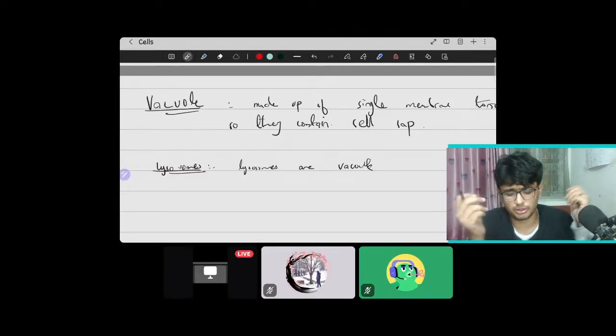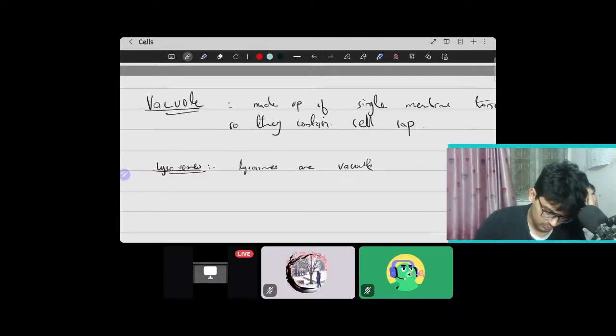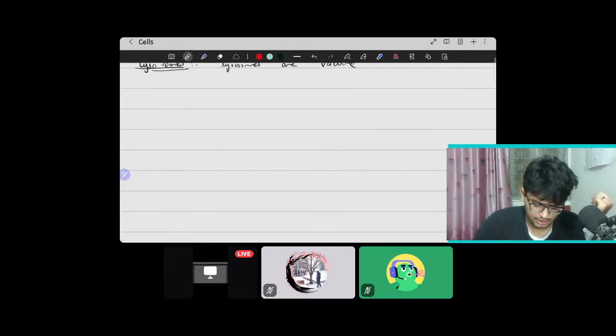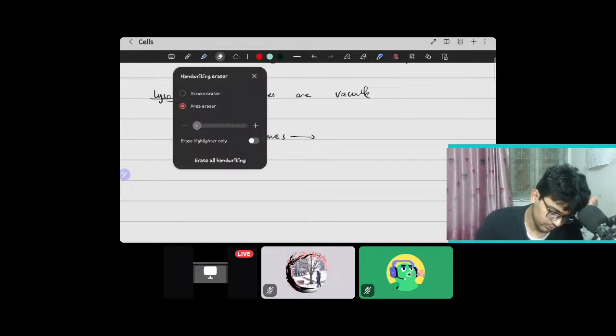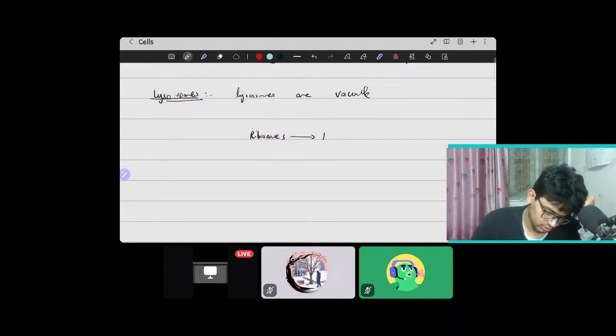When we were talking about the vacuoles, the pathway, I'm just recalling it, was from ribosomes to rough endoplasmic reticulum. This was the pathway of protein here.